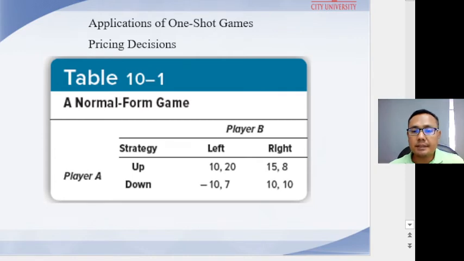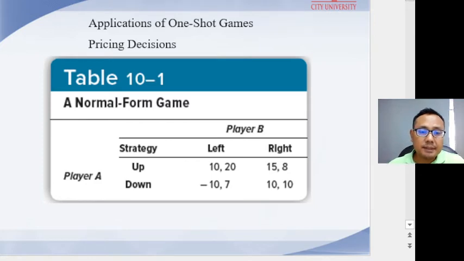By calling the strategies up, down, and so on, we emphasize that these actions can represent virtually any decision. For instance, up might represent raising the price and down lowering the price, or up may be a high level of advertising and down a low level of advertising. It can be anything that we refer to as up and down.